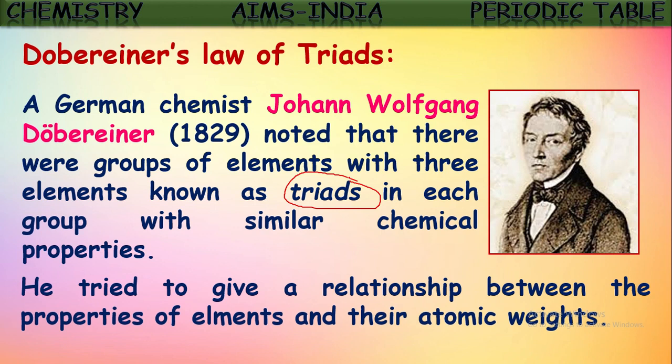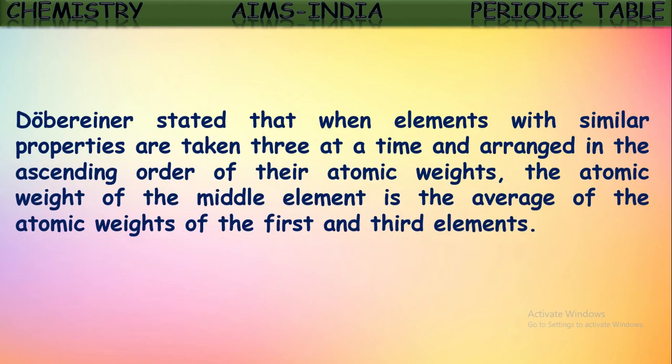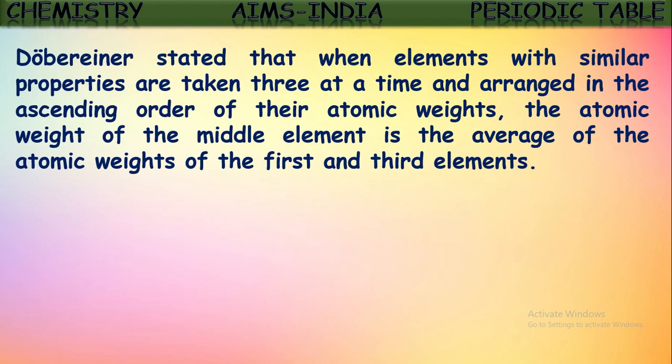He tried to give a relationship between the properties of the elements and their atomic weights. Dobereiner stated that when elements with similar properties are taken three at a time and arranged in the ascending order of their atomic weights, the atomic weight of the middle element is the average of the atomic weights of the first and third elements.